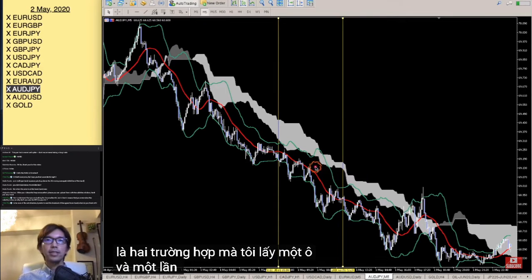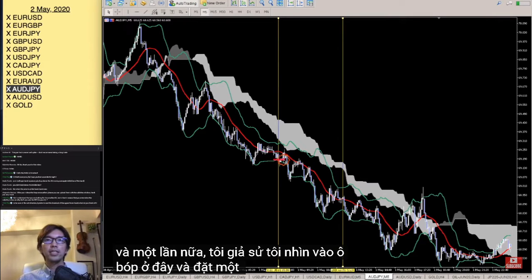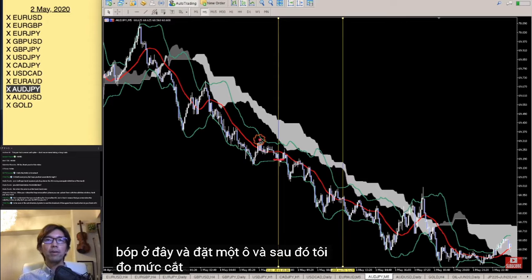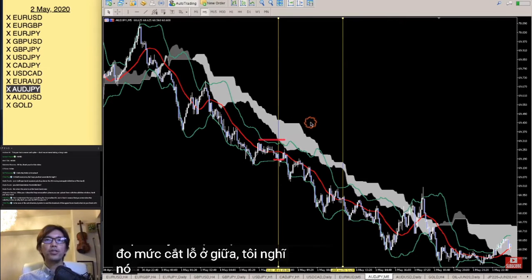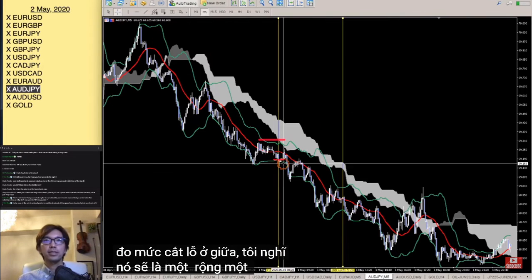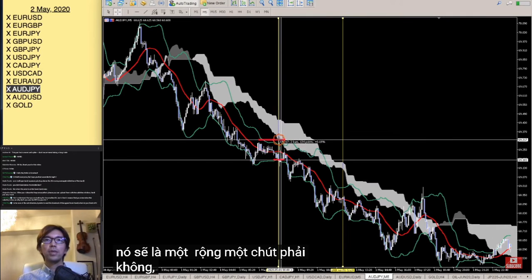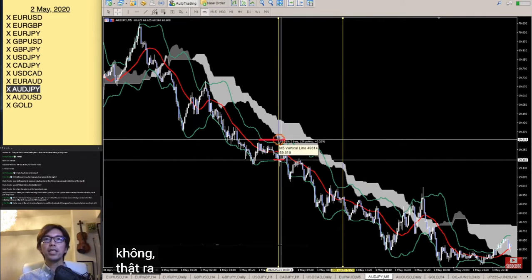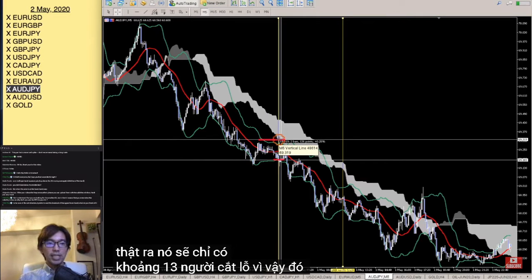And again, let's say I look at the squeeze here and place a sell, and then I measure the stop loss in between. I think it's going to be a little bit wide, right? It's going to be, not that much actually. It's going to be only about like 13 pips of stop loss. So it's a good deal.